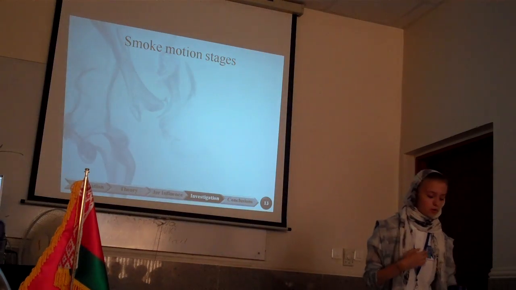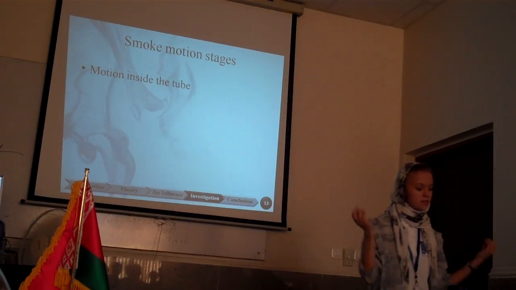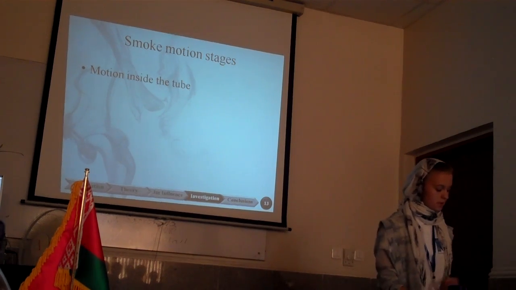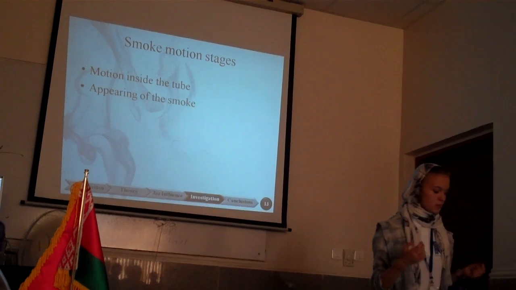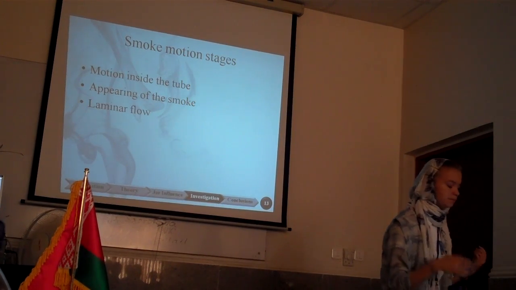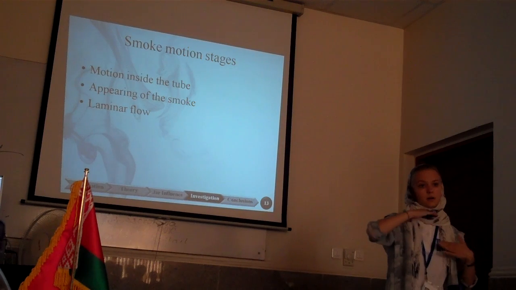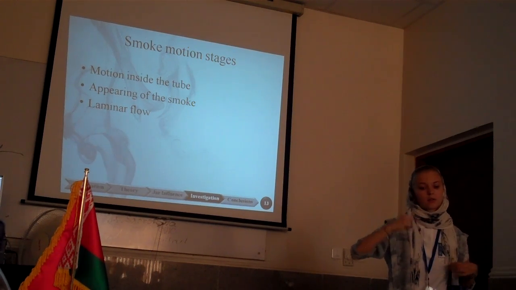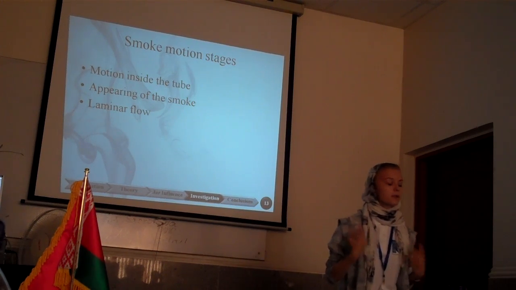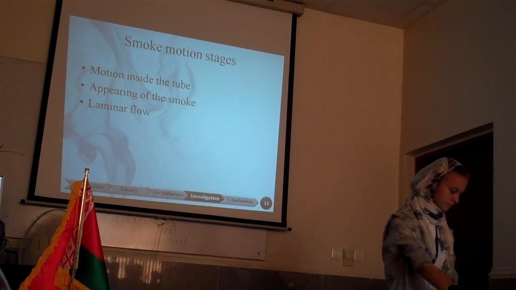Now let's consider smoke motion states. The first stage, when we don't see any smoke outside the tube, it moves inside. And then we have appearance of the smoke. When the lowest part of our stream touches the bottom, we have some laminar flow of our smoke stream.